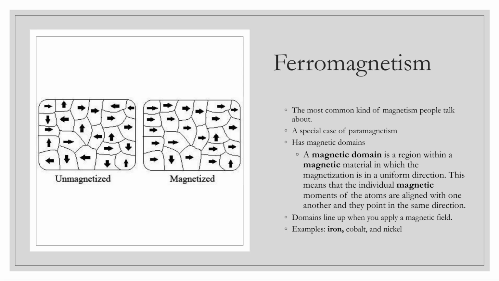If I take it from the other side, the magnetic domains turn the other way, so it creates a magnet with the north side on the other side. That's why it's a really powerful magnet, and really useful for things. The quintessential example is iron, but some other examples are cobalt and nickel.